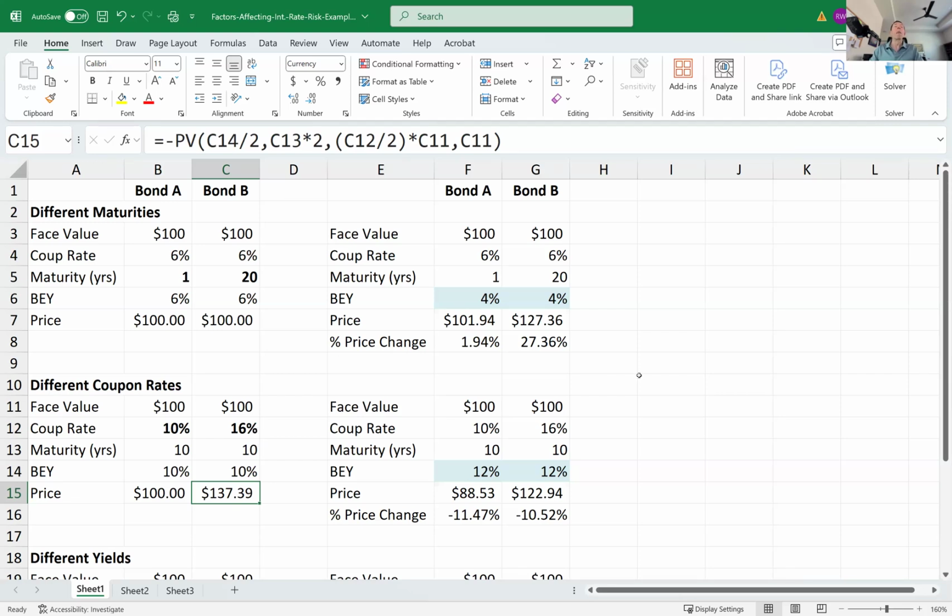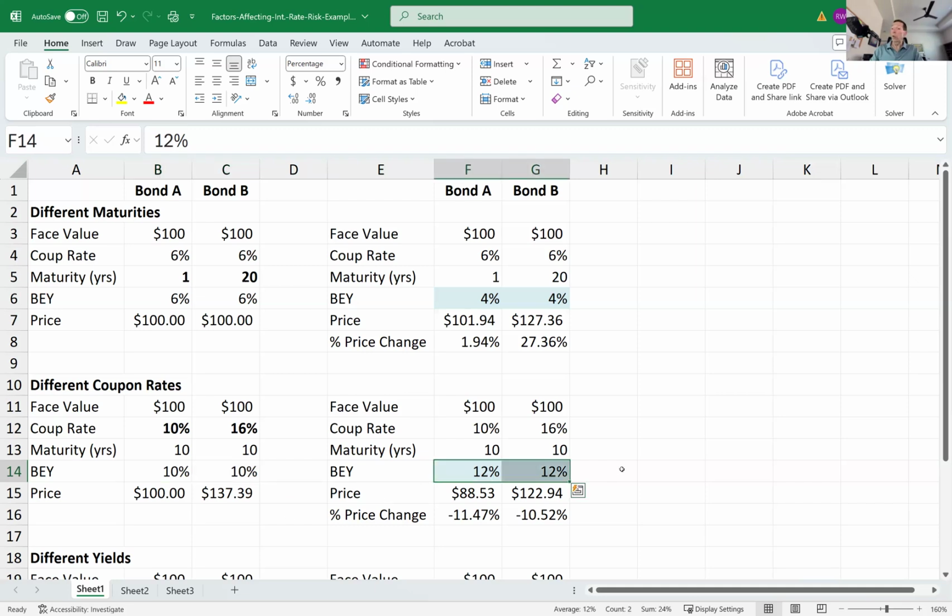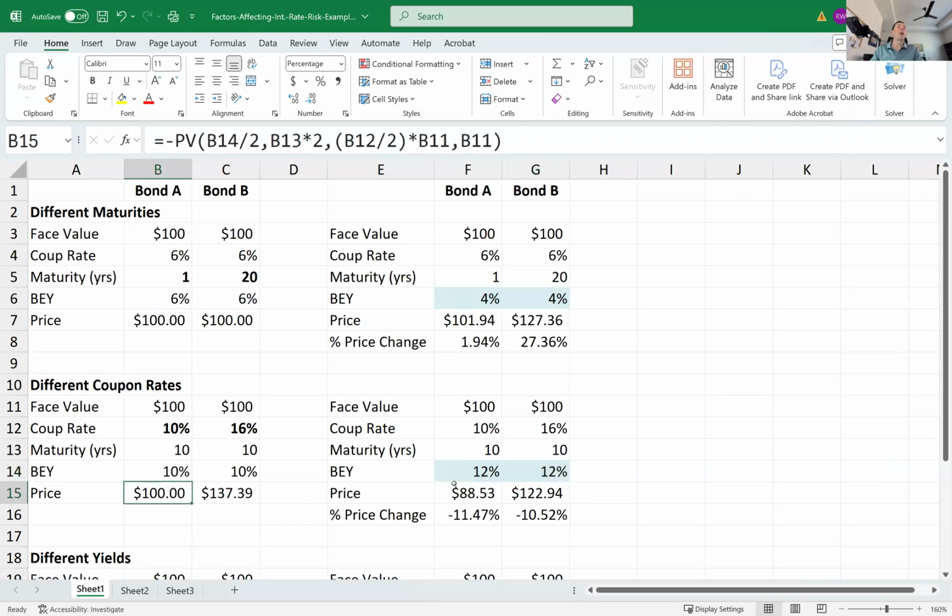But we're going to see that the bond that has the lower coupon rate is going to be more sensitive to changes in interest rates than the bond with the higher one. So how are we going to see that? Well, here interest rates are at 10% for both bonds, and we're going to see what happens if interest rates go up to 12% for both bonds. Now, again, we know interest rates go up, the price of a bond goes down, and it does. Bond A goes down from 100 to 88.53.